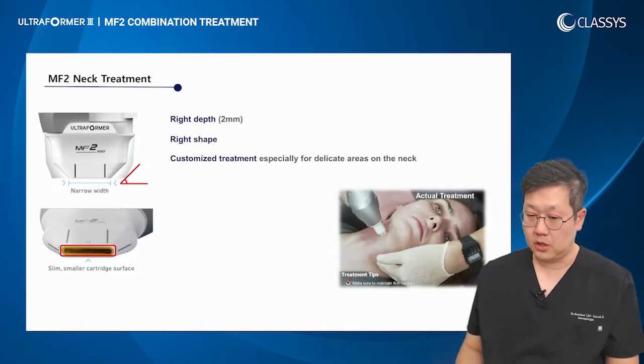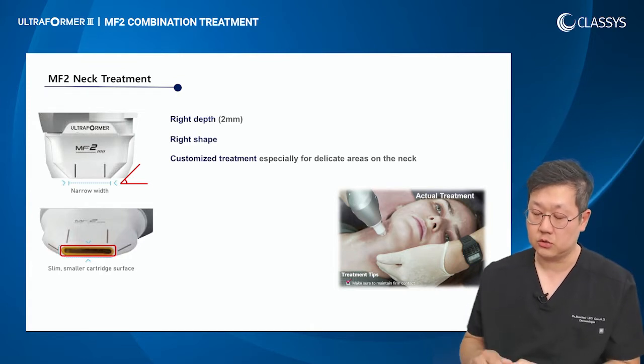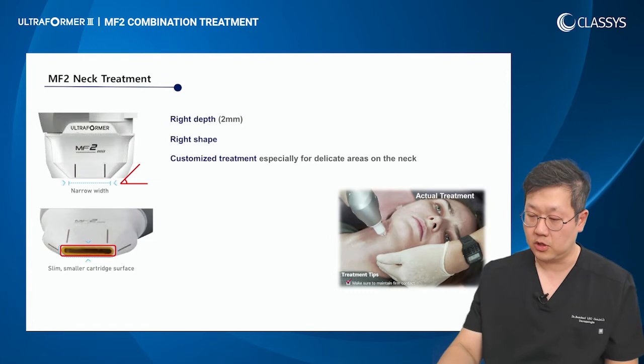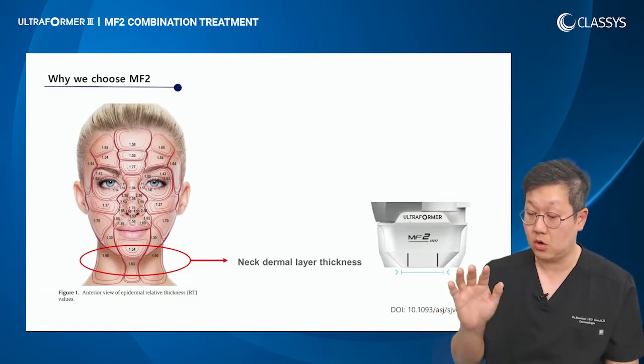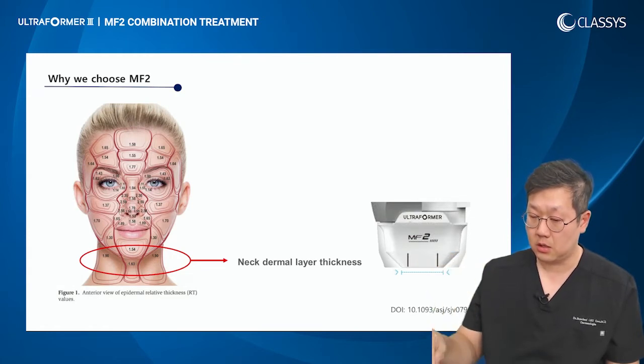And we will use the MF2 neck treatment today at the right depth of 2 millimeters. Why are we using this 2 millimeter skin depth? Because it covers most of the epidermal and dermal thickness, including all the rete ridges and the papillary dermis, and it usually does not exceed 2 millimeters.